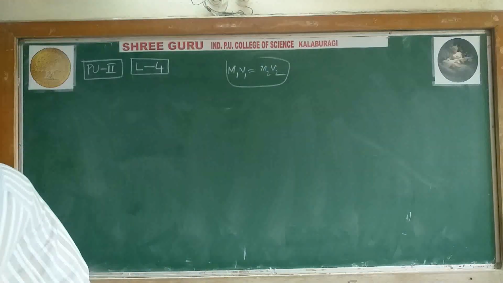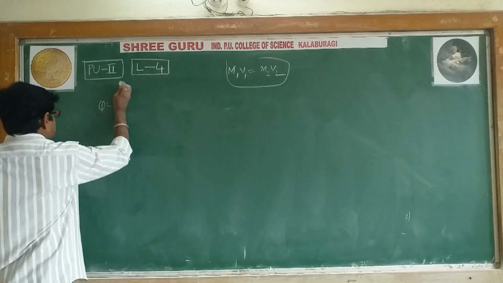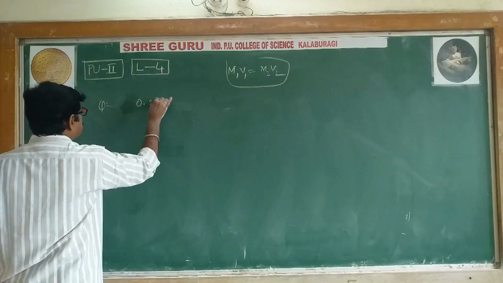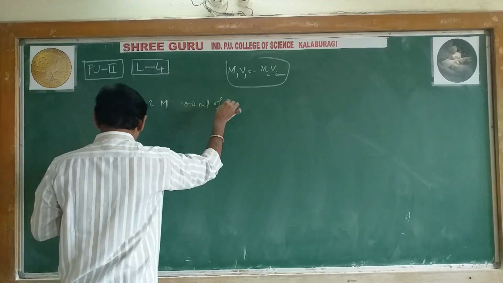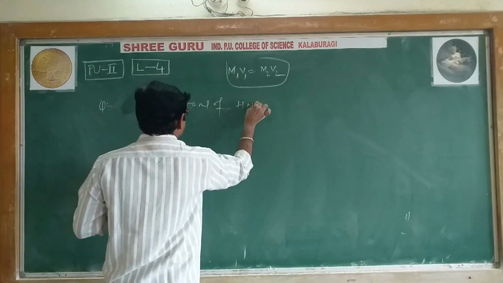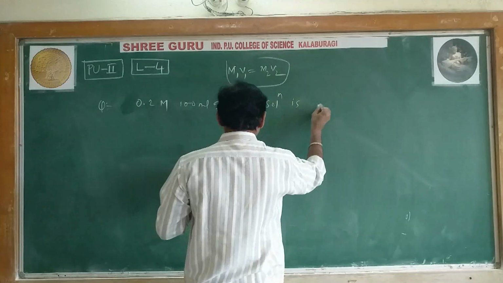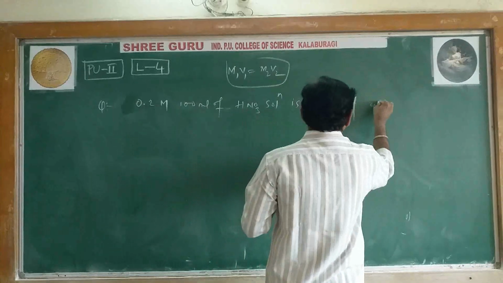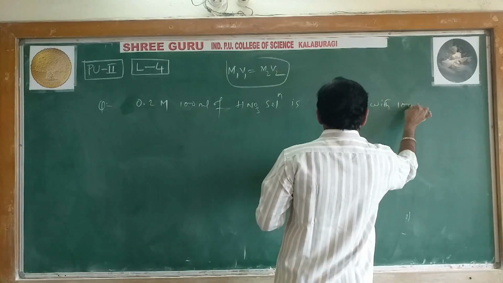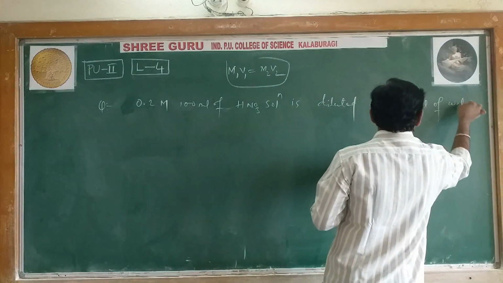We'll see the question now. A 0.2 molar, 100 ml of HNO3 solution is diluted with 100 ml of water.